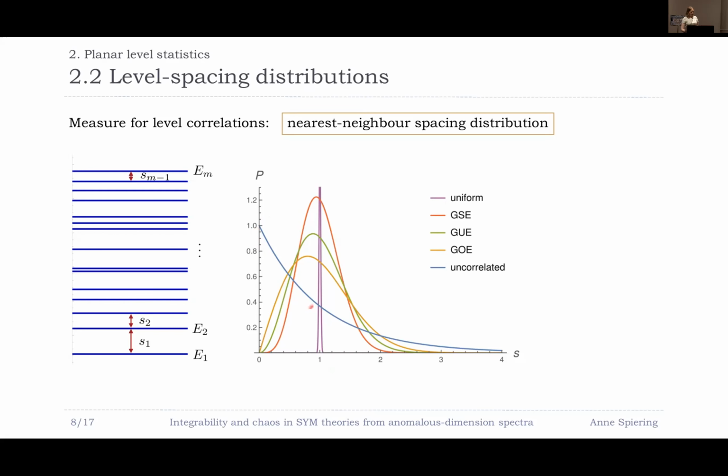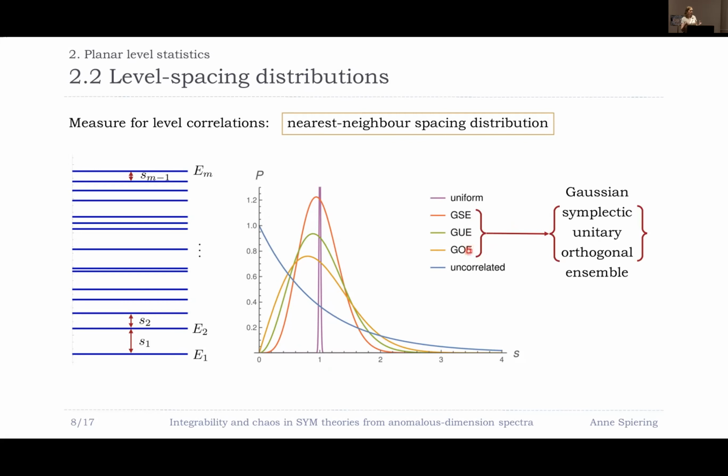Then this blue curve here corresponds to the uncorrelated spectrum, the Poisson spectrum. So this is the Poisson distribution. And then the 3 other curves correspond to different ensembles in random matrix theory. I have here the Gaussian orthogonal, unitary, and symplectic ensemble. The Gaussian orthogonal ensemble is what I discussed earlier.